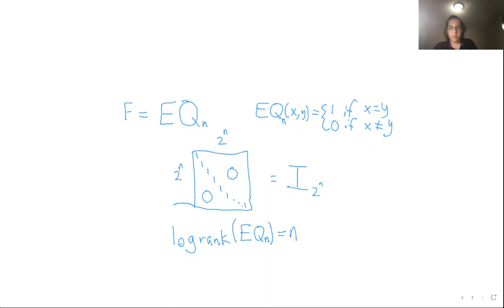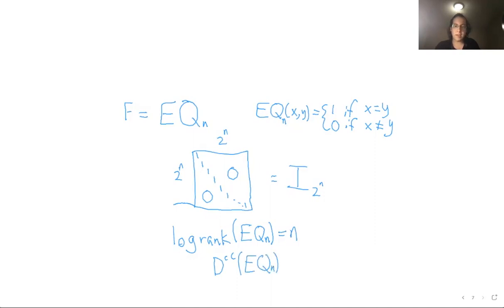So we get that the deterministic communication complexity of equality on n bits is at least n. We also know it's at most n by the trivial algorithm. So it's equal to n. So that's a very useful application of log rank. It's a nice observation that we can lower bound communication complexity using linear algebra, using rank.